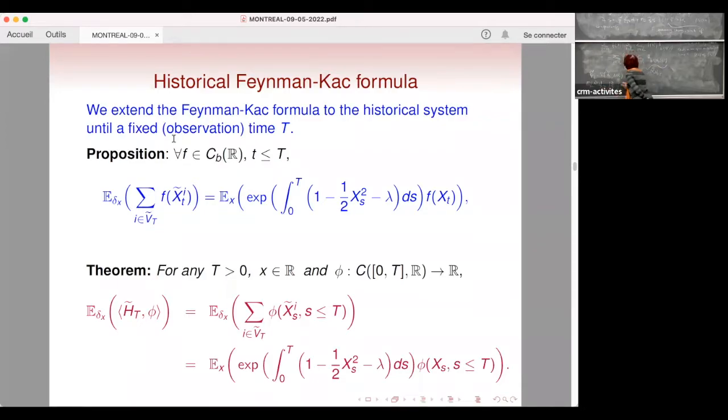And so that's exactly M_{T-t} of x tilde_J(t). And remember, M_t of x is the expected number of individuals at time t, starting from one individual with trait x. Okay, that was the definition.